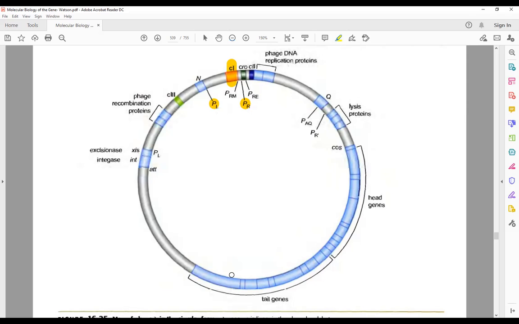Now I'm just going to tell you how the process of transcription takes place and in what manner it occurs. So please look here. PR and PL both are strong promoters.